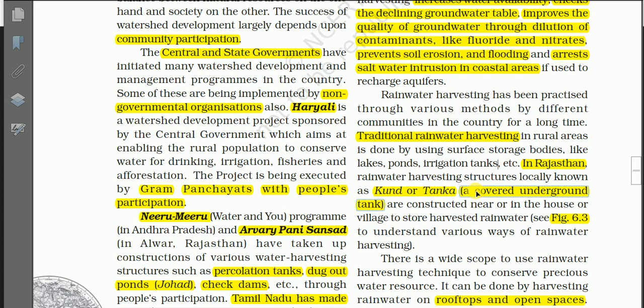Tanka means a covered underground tank. So this is a local term used in Rajasthan for the underground tank.